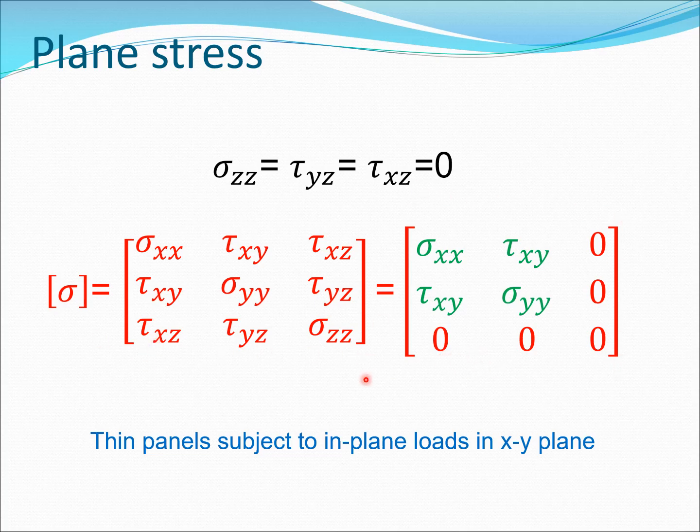So you get this reduced stress matrix. Now I have only a normal stress sigma xx, another normal stress sigma yy, and a shear stress tau xy. Plane stress is very useful in situations where you have thin panels subject to in-plane loads in the xy plane, and very often in aerospace structures you use panels, so this is quite useful.